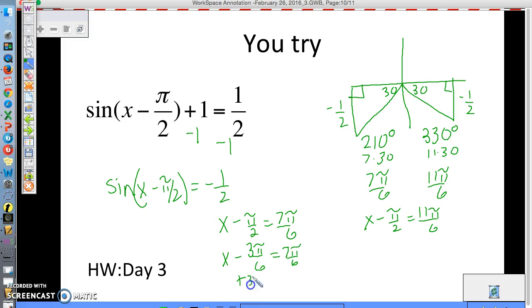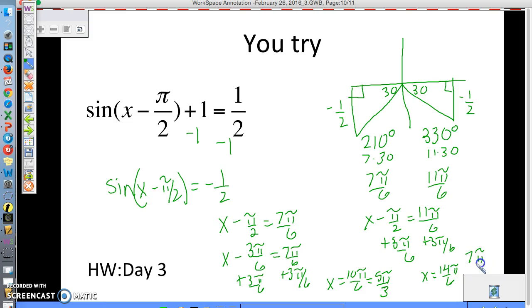So we add 3 pi over 6. So we have x equals 10 pi over 6, which is 5 pi over 3. And let's see, common denominator, so we're really going to be adding 3 pi over 6, because we're adding 1/2. So x equals 14 pi over 6, or 7 pi over 3.